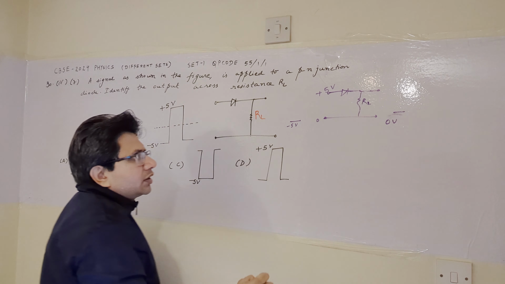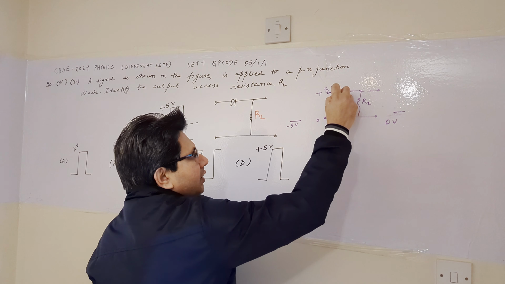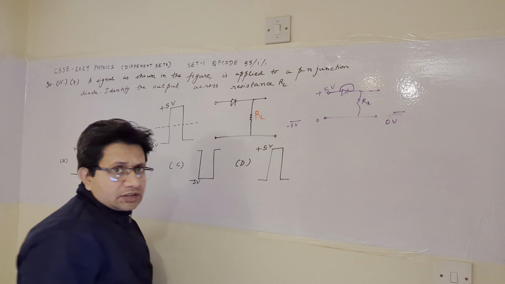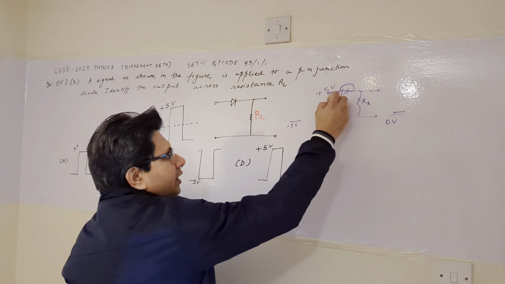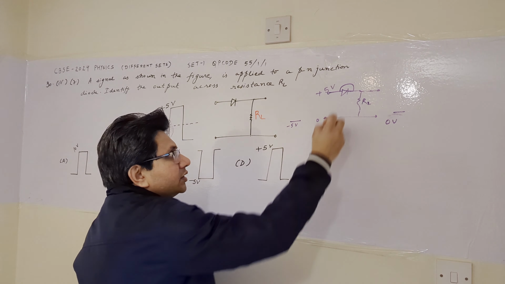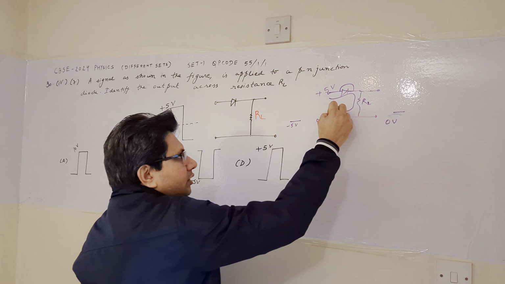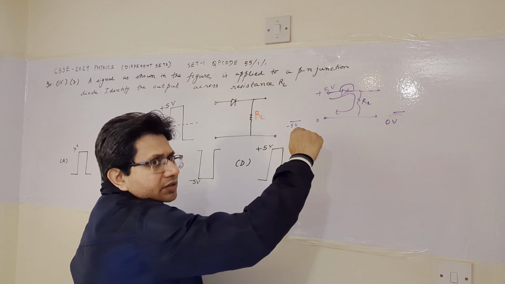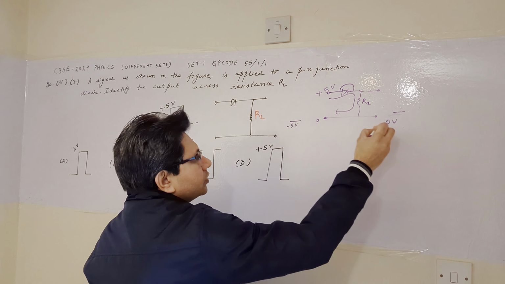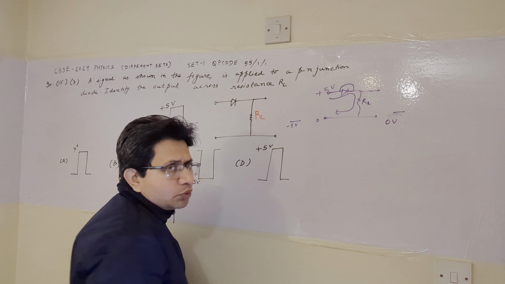In this condition, the diode becomes forward biased, offering a low resistance path. If we assume the resistance to be negligible, then it acts as a short circuit. And in this way, most of the current of the input passes through this load resistance, and it provides an output.